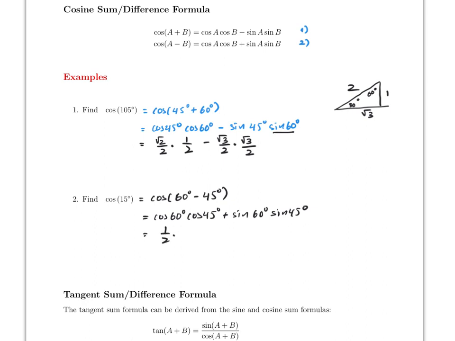Remember, this is 1/2 times radical 2/2 plus radical 3/2 times radical 2/2, and then this simplifies to radical 2, 1 plus radical 3, the whole thing divided by 4.